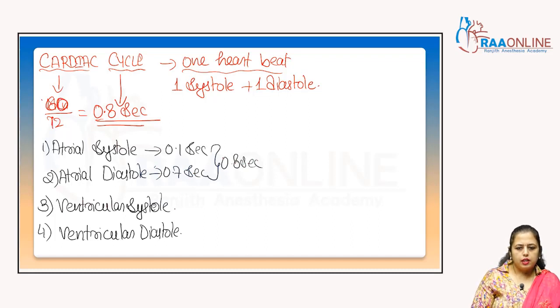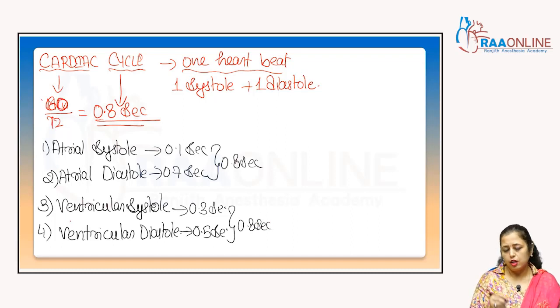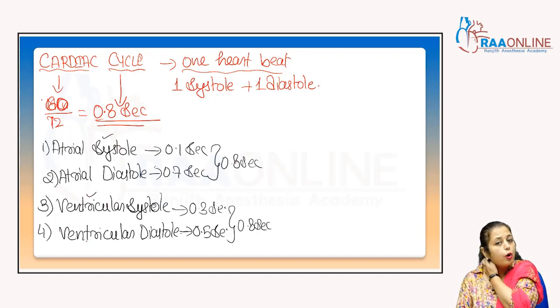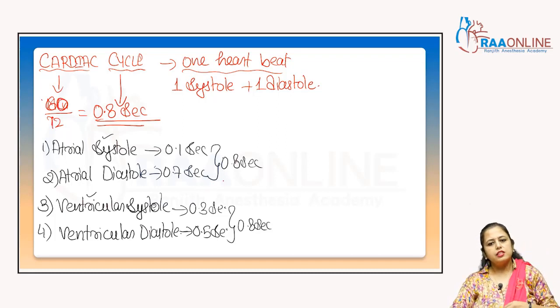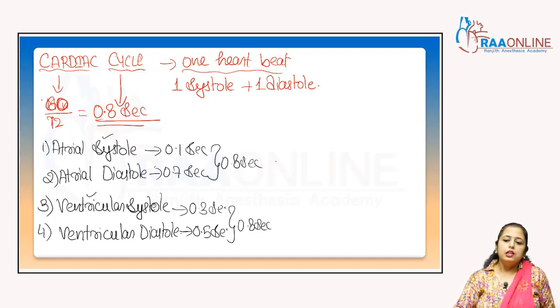Then again 0.3 seconds, 0.5 seconds, again 0.8 seconds. Actually in NCERT only three are considered: atrial systole, ventricular systole and the joint diastole. That is the difference, clear?